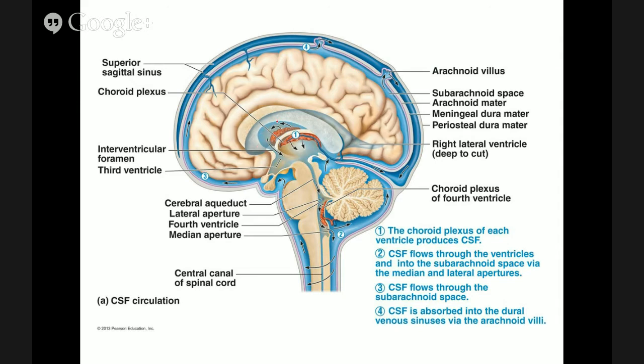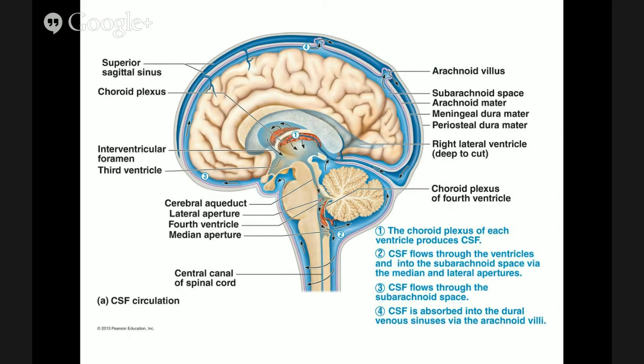So right here, here's your lateral ventricles. So the choroid plexus here is secreting the fluid. It's going into the lateral ventricle. Then remember, the fluid can drop through the interventricular foramen into the third ventricle, which is right here. And then from the third ventricle, the fluid travels through the cerebral aqueduct down to the fourth ventricle.